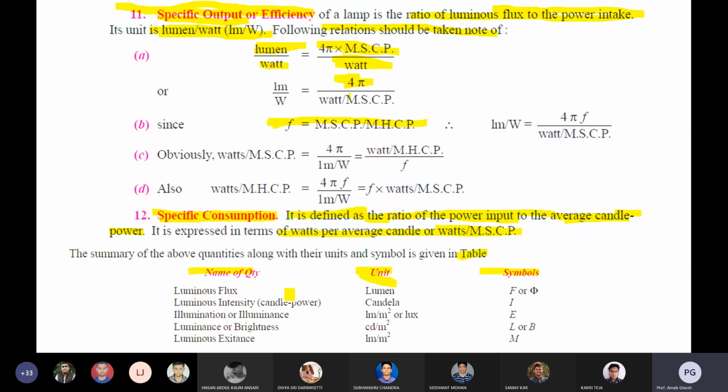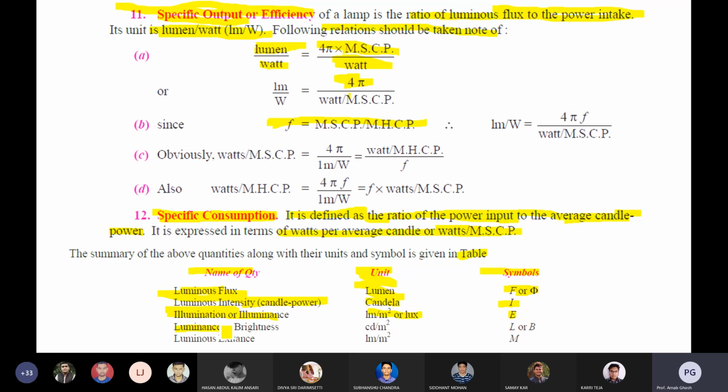Luminous flux: its unit is lumen, and the symbol is phi. Luminous intensity, also known as candle power: the unit is candela, and the symbol is I. Illuminance: the unit is lumen per meter square or lux, and the symbol is E.